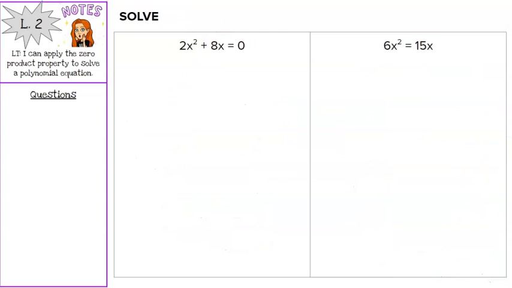All right, so now we have two examples where it's not factored and we have to factor it. Now a factor is just a number that multiplies to make something. So if we say 2 times 4 equals 8, 2 and 4 are factors. So we're going to rewrite our problem as factors.